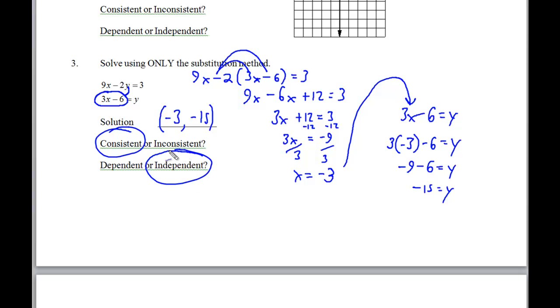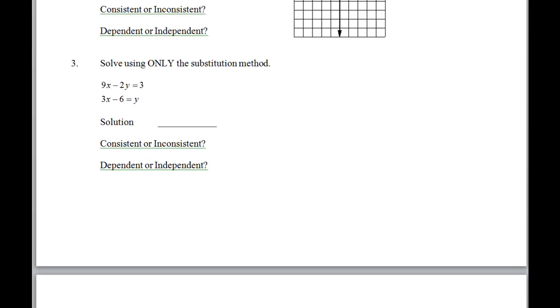Now once we go to the next page here, we're going to have some problems that are not necessarily going to work that way. So let's go to the next problem. It's a little bit different than the last problem we dealt with because even though we're going to use the substitution method, you'll notice that this problem might be better as a stacked problem using elimination. But what we can do is easily take this equation right here and get the x all by itself.